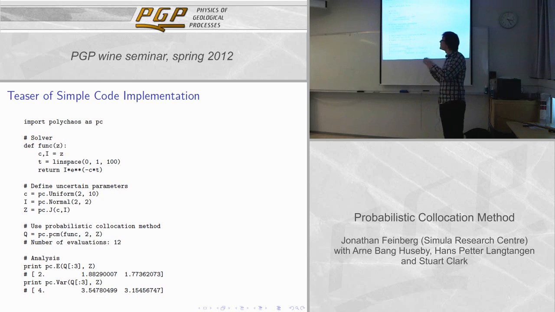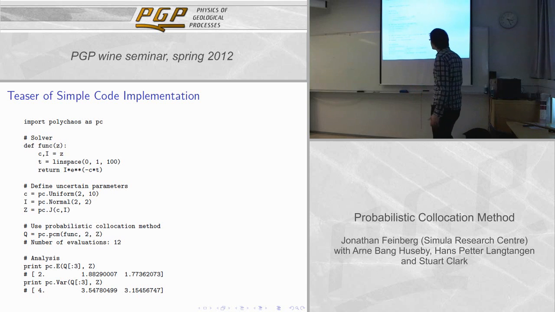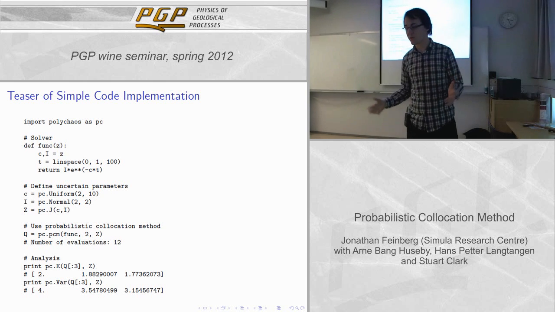I split it up into the two parameters of interest, c and I, and put them into this really simple formula, which is the solution of the world's simplest ordinary differential equation. But in reality, you would put really heavy code inside of this, basically a function call to some kind of solver that you would use. Locally at Simula, we would use the Phoenix project, for example, which is a finite element model that can do this, extract values from that and return variables of interest from the Phoenix model.